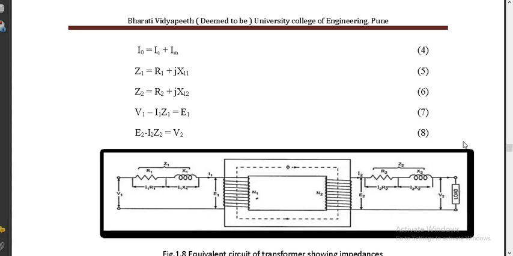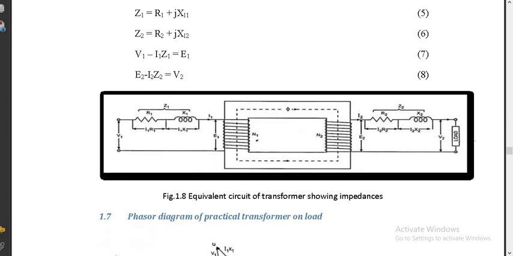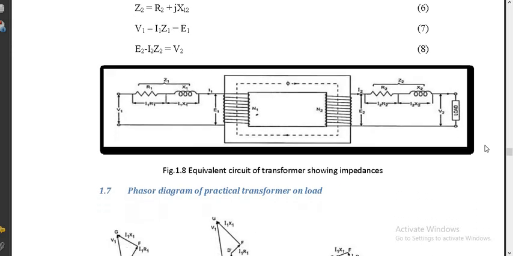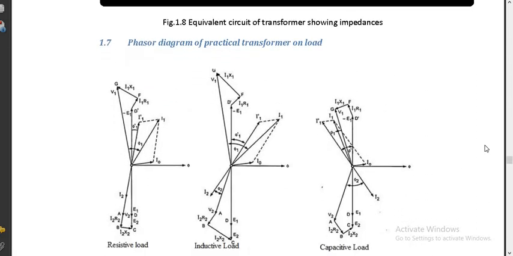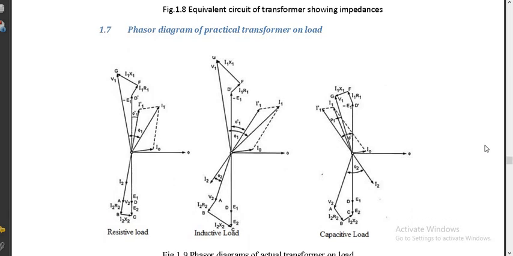Is that okay? Yes. So this is the equivalent circuit of a transformer showing impedances, and this is what I was talking about, the phasor diagram of a practical transformer on load. Now let me discuss one after the other. Let me discuss first the resistive load. With the preliminary things remaining the same, phi is taken as the x-axis, and the y-axis is V1.